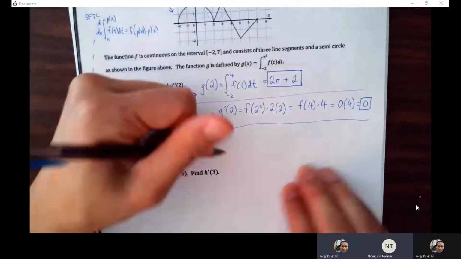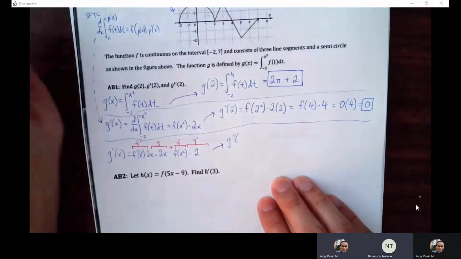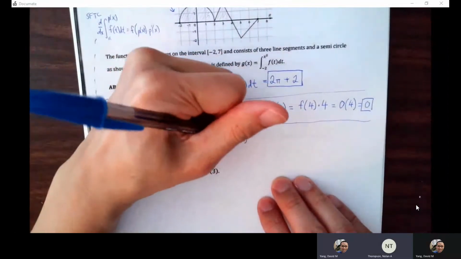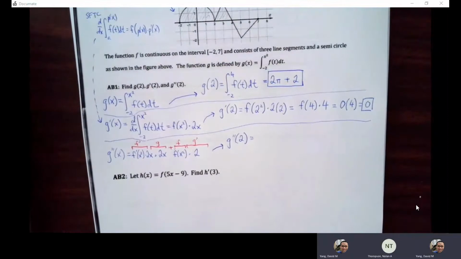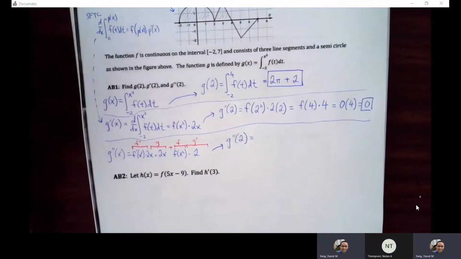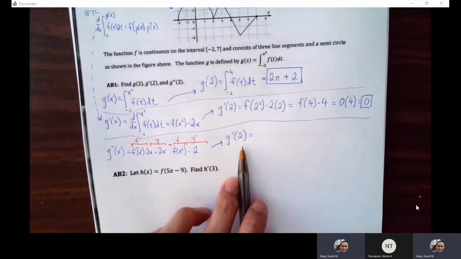And then g double prime of x equals. Do you want to simplify it now, or g double prime of 2? You can. I don't know if it's worth the trouble. We're going to have to multiply everything out anyways. So it's up to you. I'm just going to leave it alone.